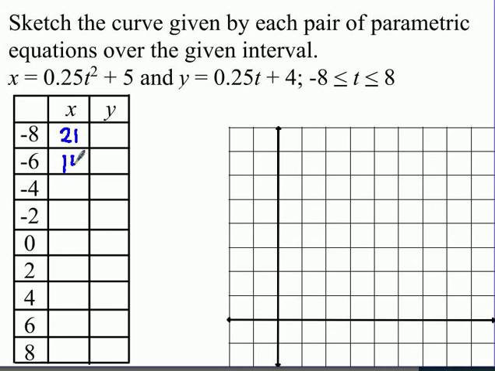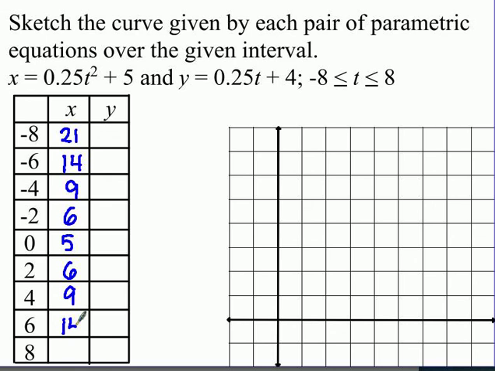For -4, 9. For -2, 6. For 0, 5. Then 6, 9, 14, 21.